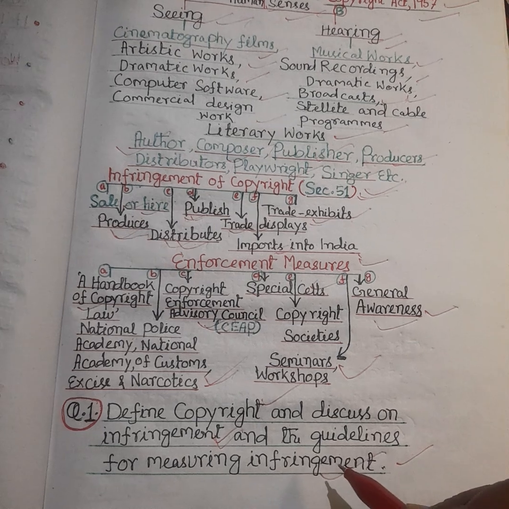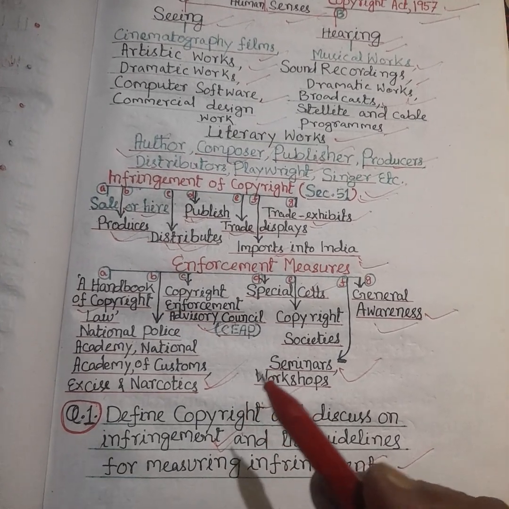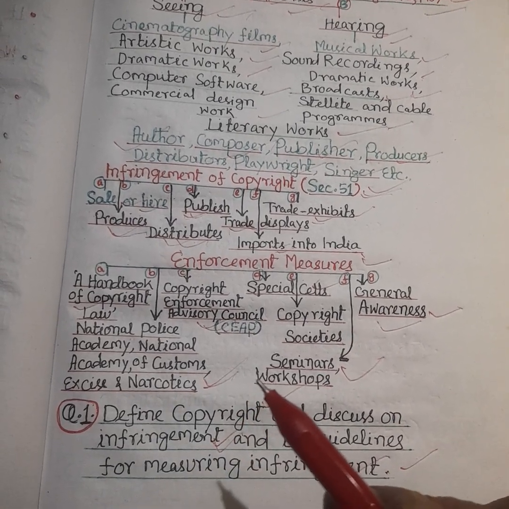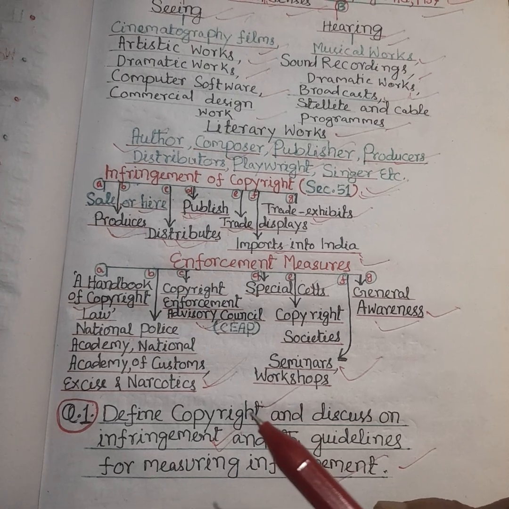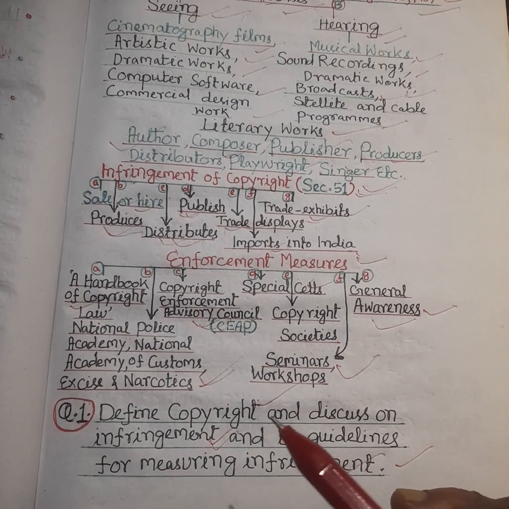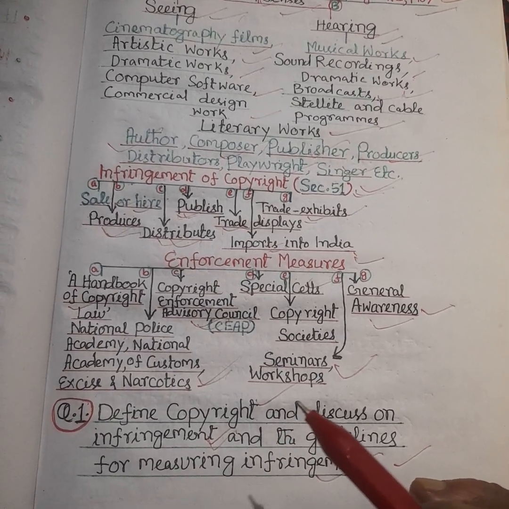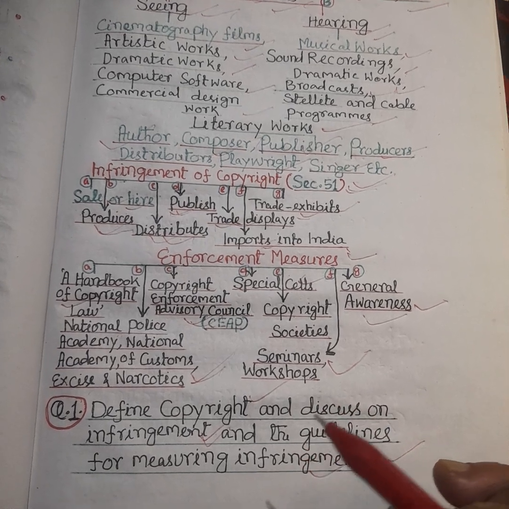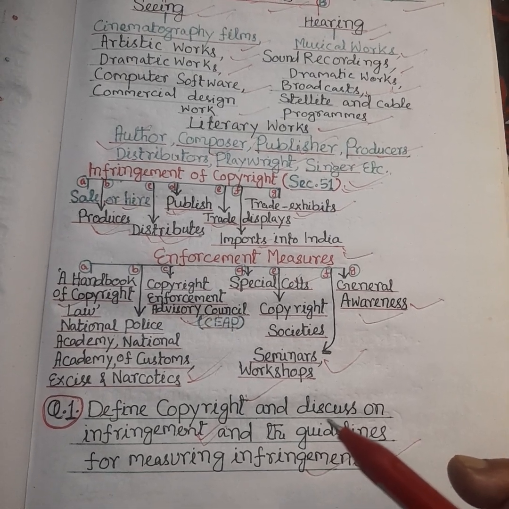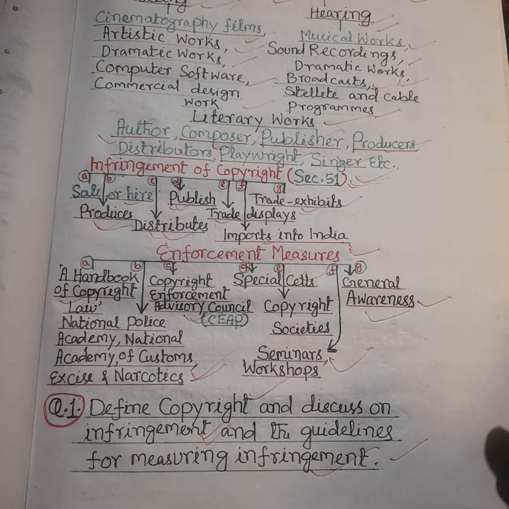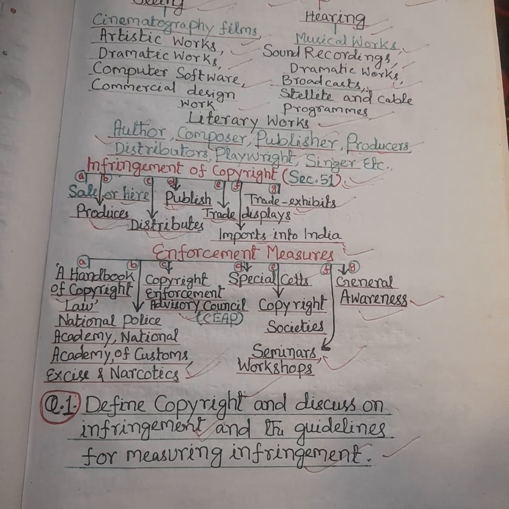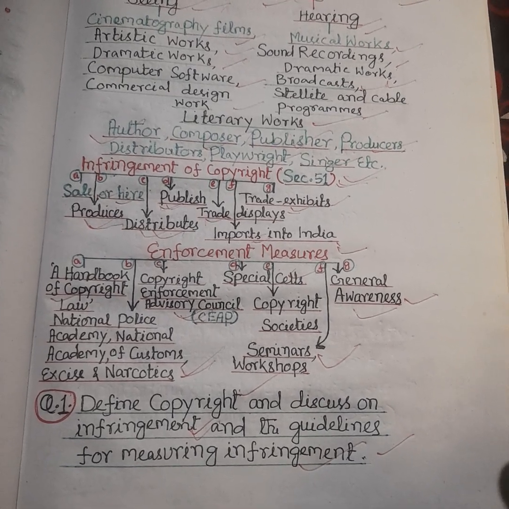guidelines for measuring infringement, which we have discussed under enforcement measures, such as a handbook of copyright law to provide all guidelines regarding copyrights, training programs for the National Police Academy, the National Academy of Customs, Excise and Narcotics, and also the creation of the Copyright Enforcement Advisory Council by the Department of Education, Ministry of Human Resources, and creation of special cells.